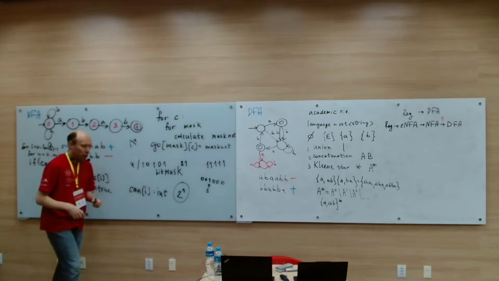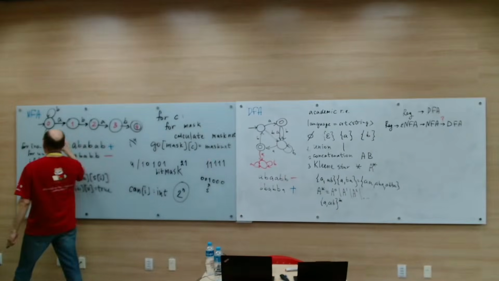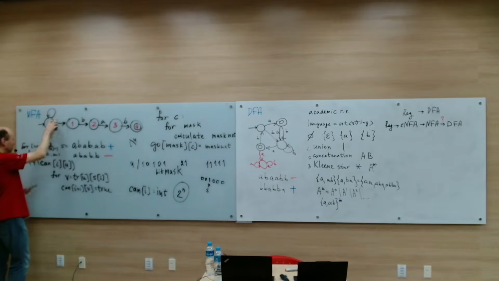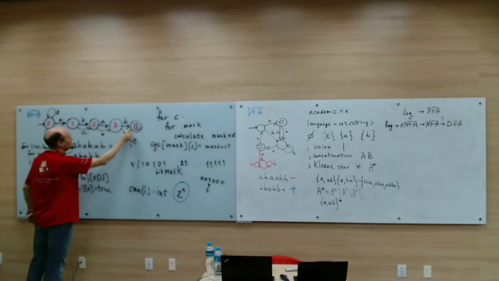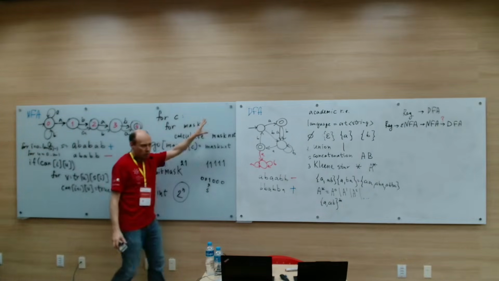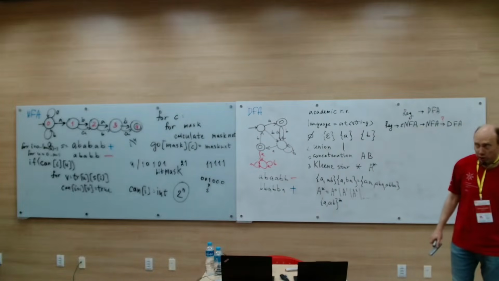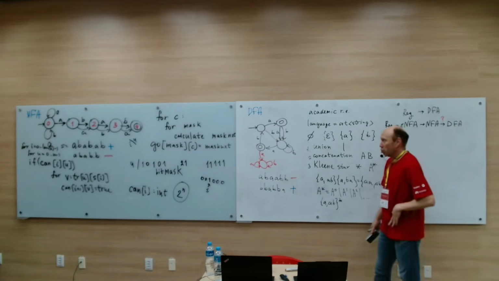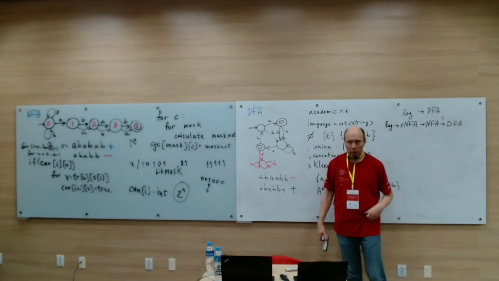If you didn't do that in your formal languages class, the automaton is the following: A, B, A. If you make it like this and extend it there, the equivalent deterministic automaton is easy to show, but it would have an exponential number of states. There is no way to make it small.